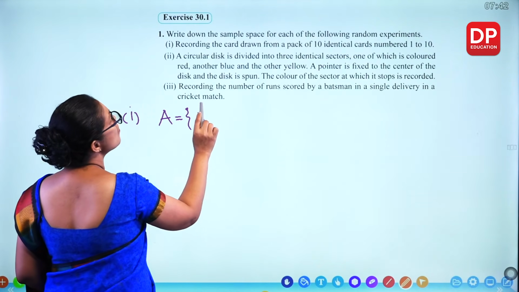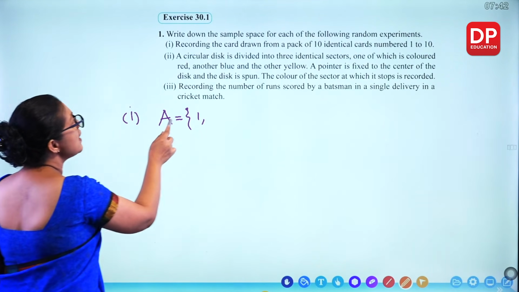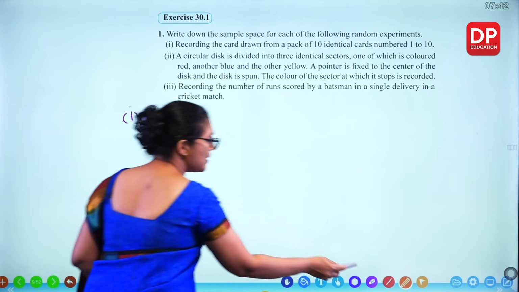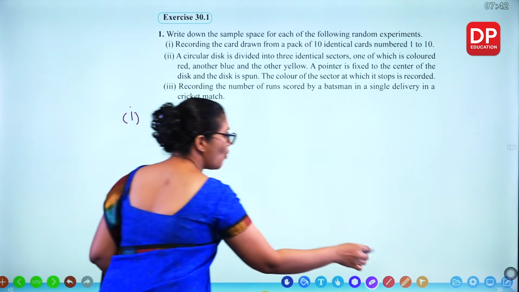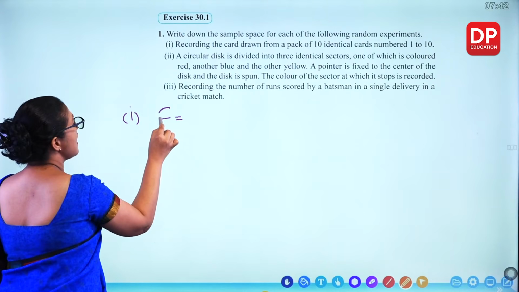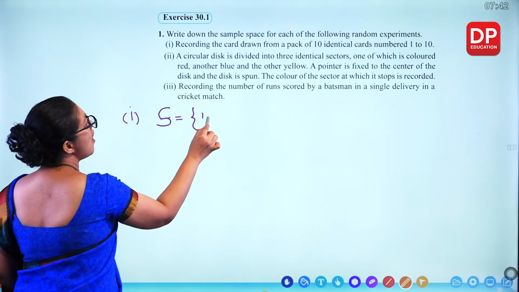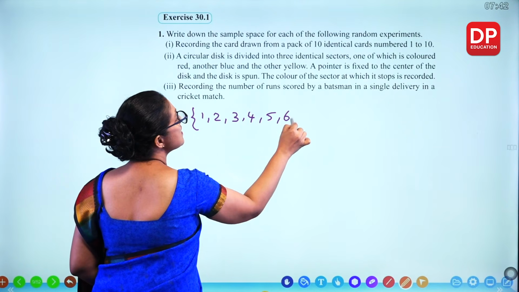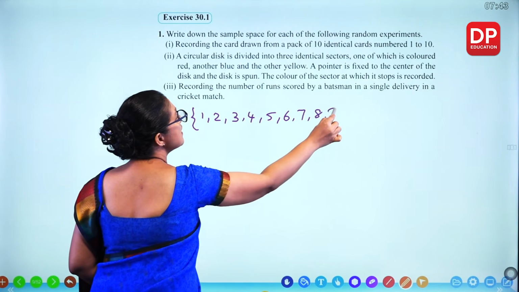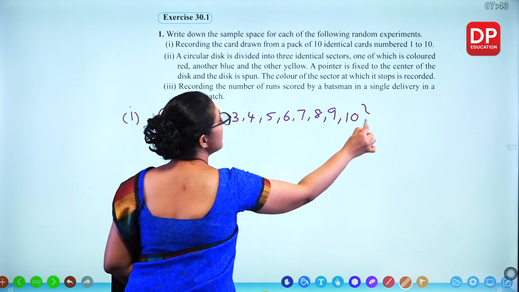But we can take this one as a sample space, not A, because we are taking the whole thing. I can take it as S: 1, 2, 3, 4, 5, 6, 7, 8, 9, 10.